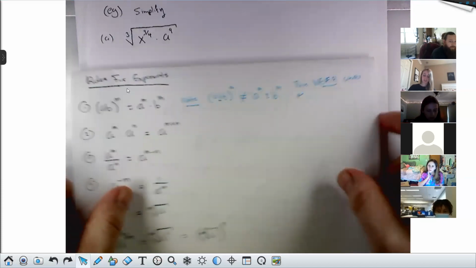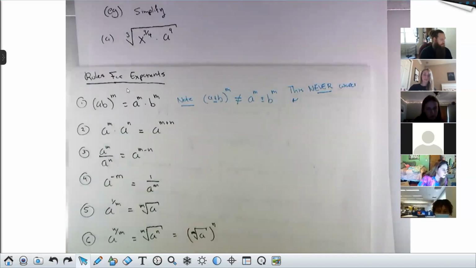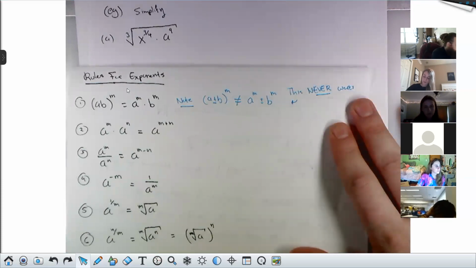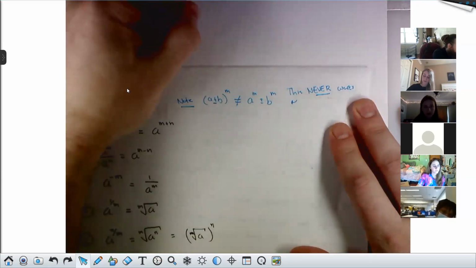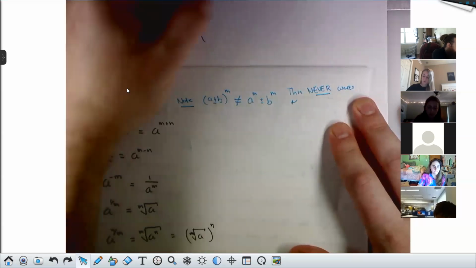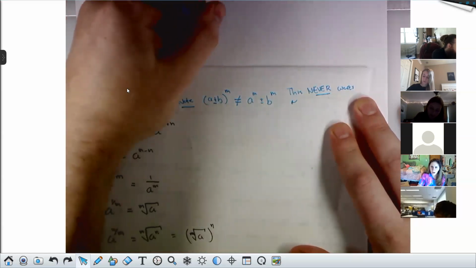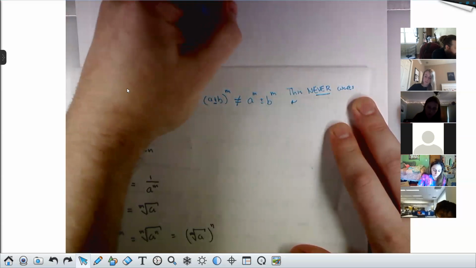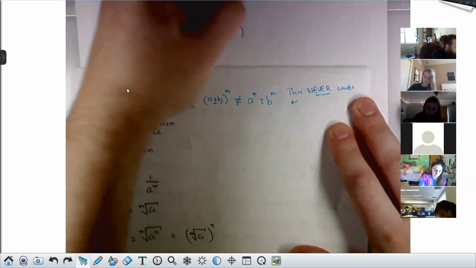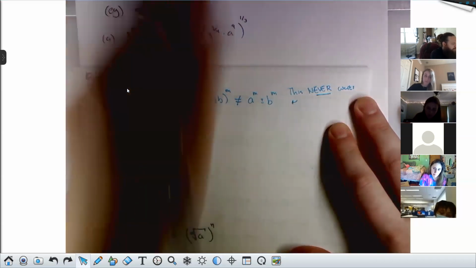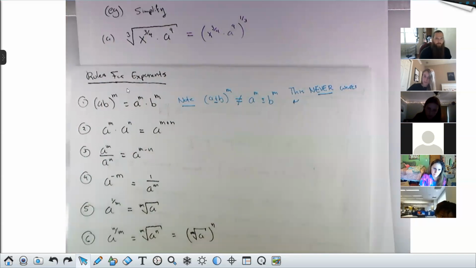If I look down here at the fifth rule, if I have something under an mth root, that's the same as that something raised to the 1/mth power. So this guy is the same as big parentheses, x to the 3/4 times a to the 9, all to the 1/3. I'm going to do my best to write solutions in purple.